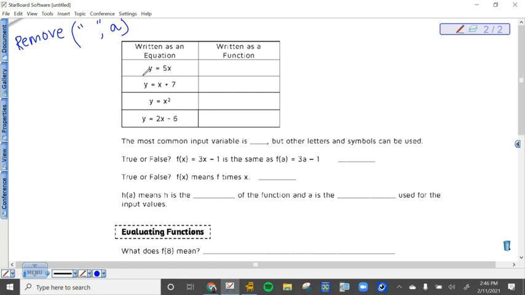Okay, so this first one, what should I name my function? What letter should I name it? Pick a letter, any letter. G. G is good. So G. And what's my input?